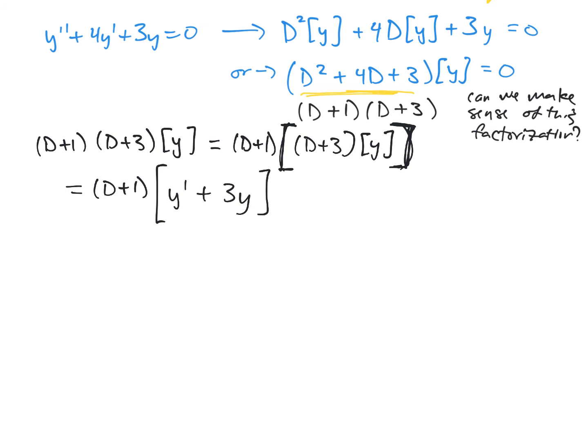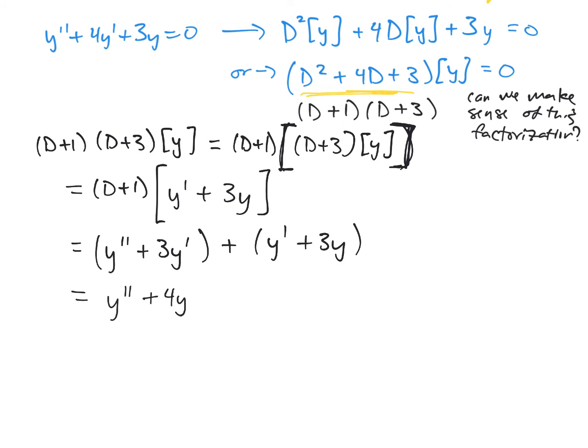And now if we do the derivative of this thing plus itself, that's going to be y double prime plus 3y prime plus y prime plus 3y. And then if we simplify this together, we get y double prime plus 4y prime plus 3y. And that's the same thing as what we had up here.